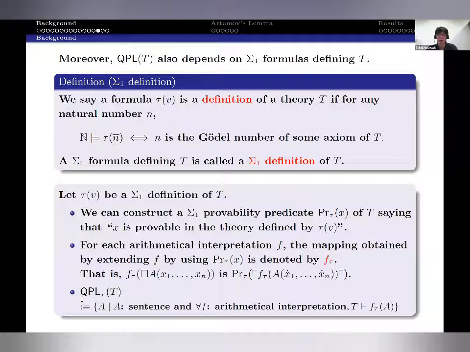And also I define the quantified provability logic of T with respect to tau as follows. This is the set of all modal sentences that are provable in T under all arithmetical interpretations.